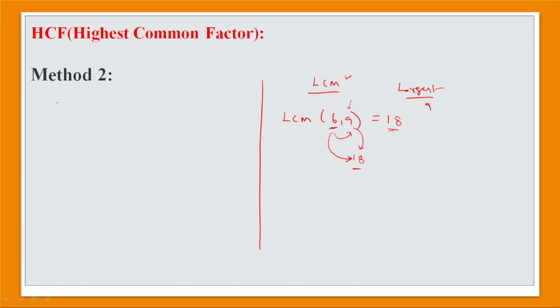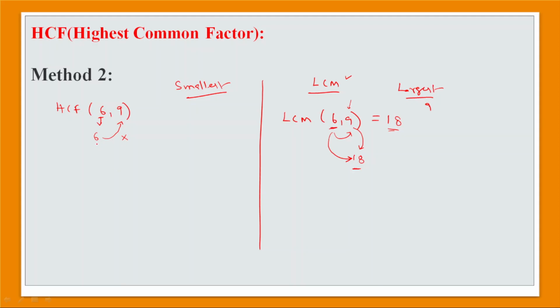Whereas when it comes to the HCF concept, I need to find HCF of 6 comma 9 here. In this, we need to go for the smallest number, which is 6. I need to check whether this 6 is a factor of 9 or not. But 6 is not a factor of 9 here.